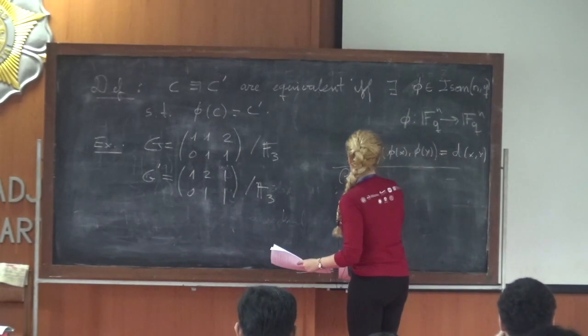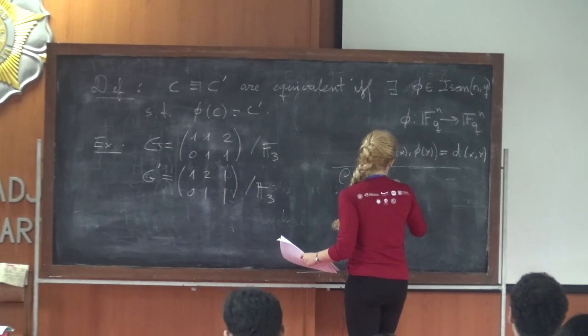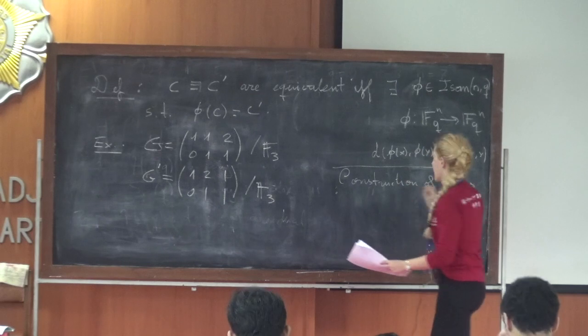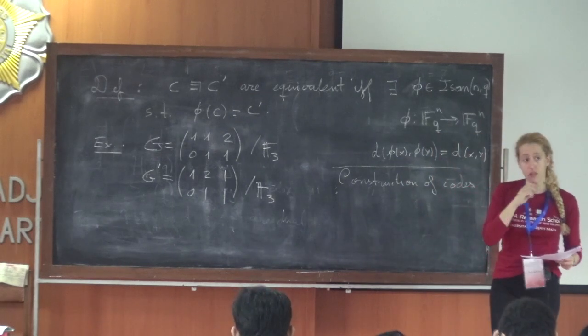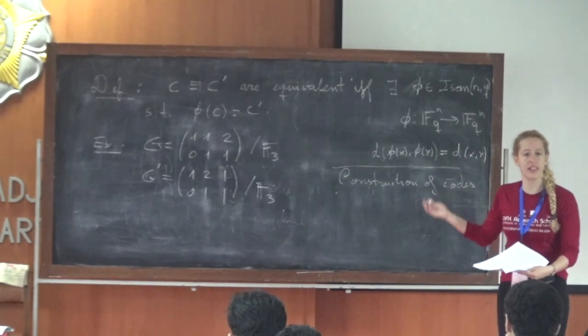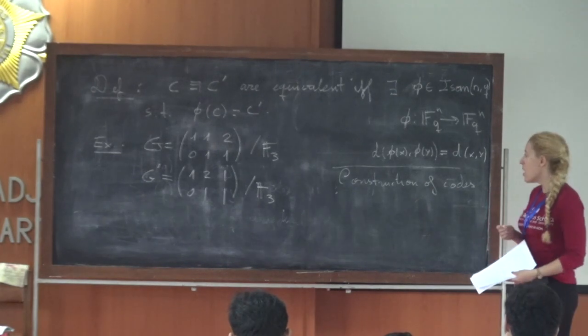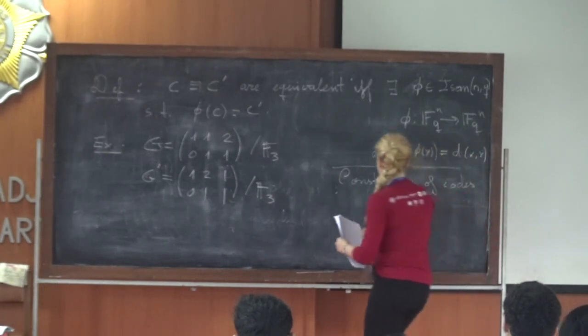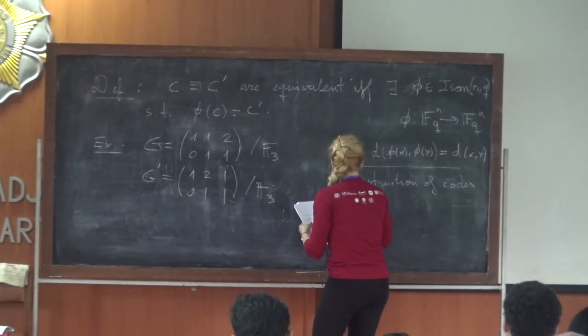For the construction of codes, I'm not saying very much right now; you will see it in the exercise session. But there are some easy ideas. For instance, something called puncturing.